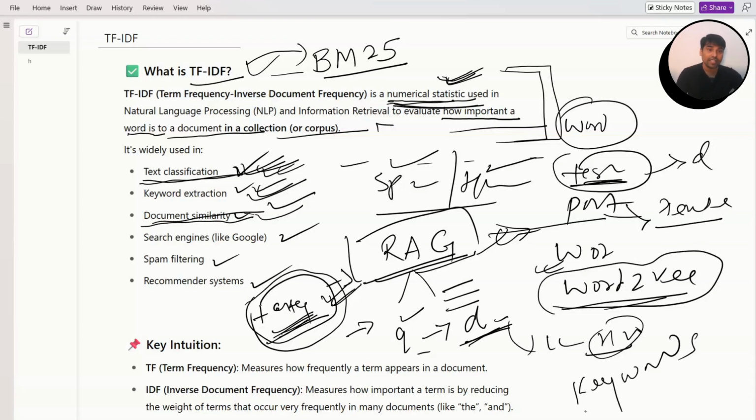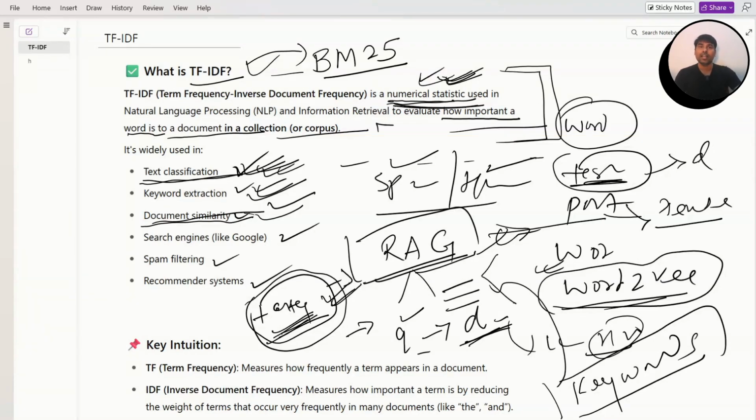If you want to implement keyword search in your RAG pipeline, you can use this technique along with BM25. This can be one application. So these are a couple of applications where you can use this technique called TF-IDF.